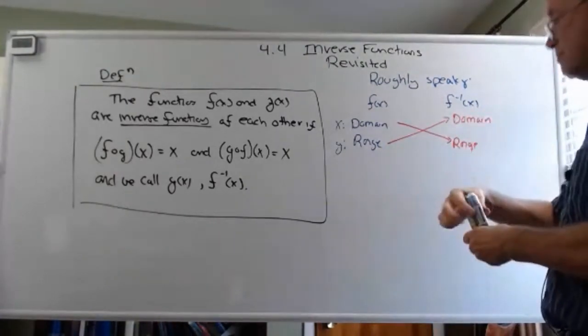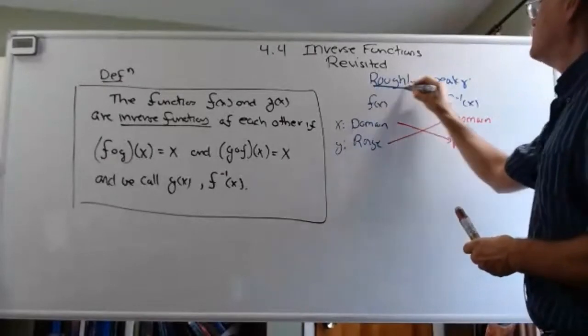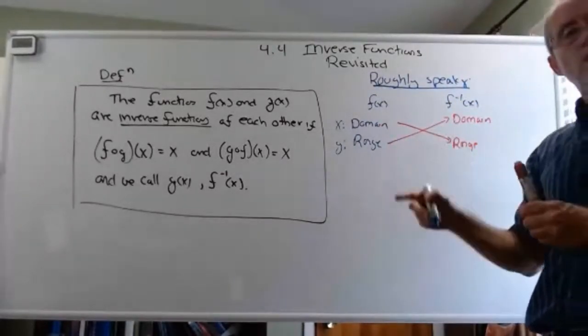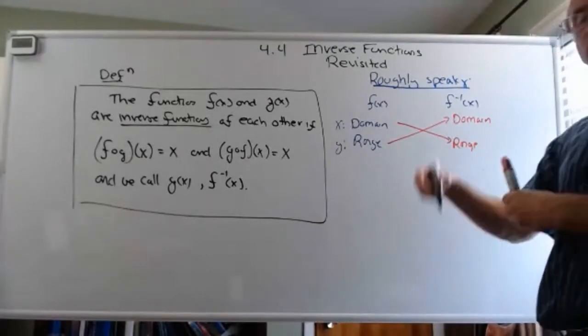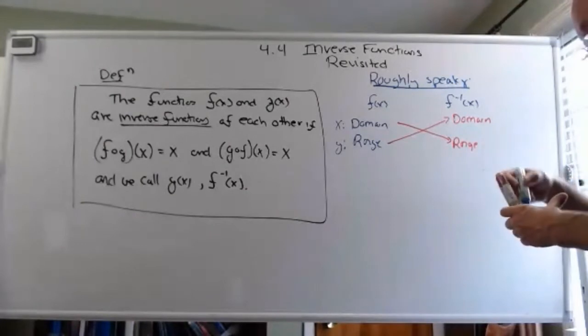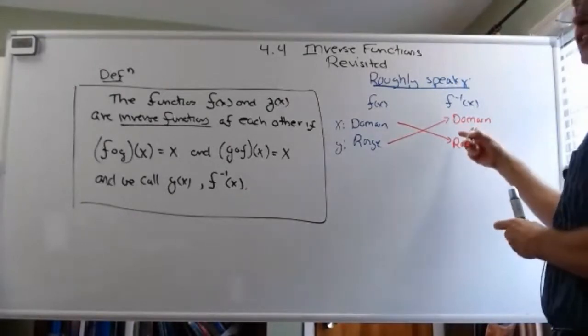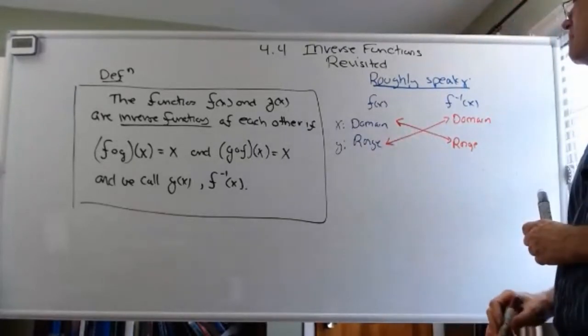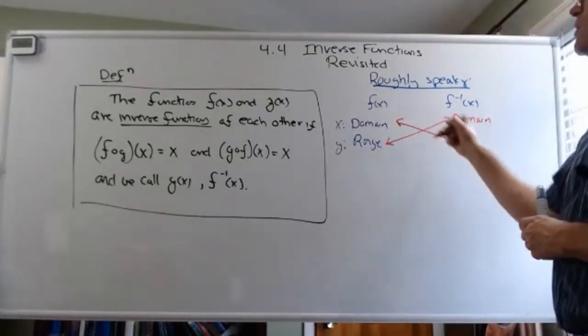So I say it's roughly speaking because we may have to change some things around to make it work out. We may have to restrict the domain or the range of one or the other. And it also goes back in the other direction, so it goes both ways. So that's the one thing you look at.